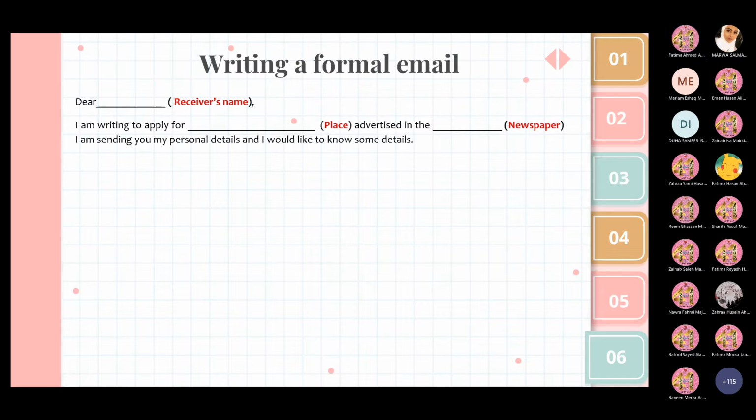Then in that gap, the place gap, you're going to write the place you're applying for, just like the one you wrote in the subject, applying for maybe a course or a camp or something.